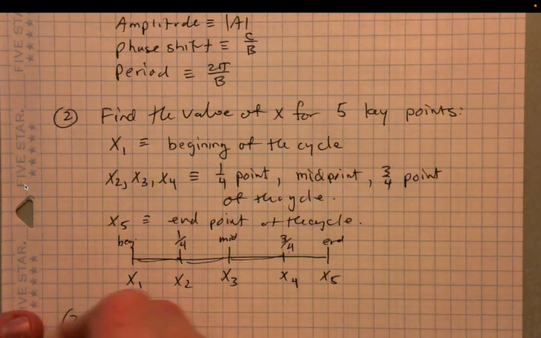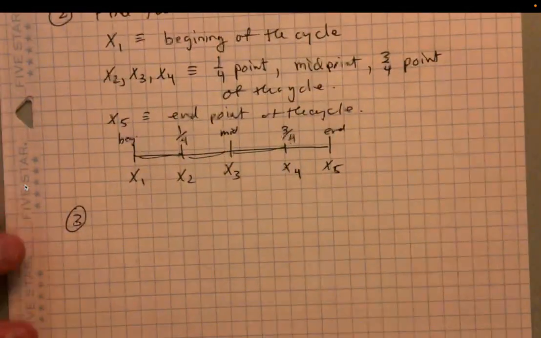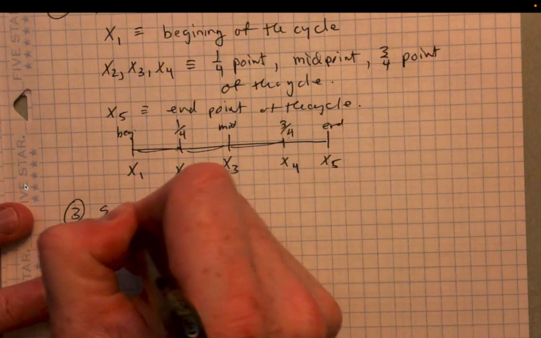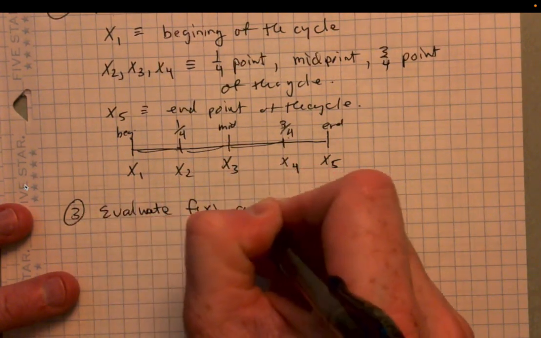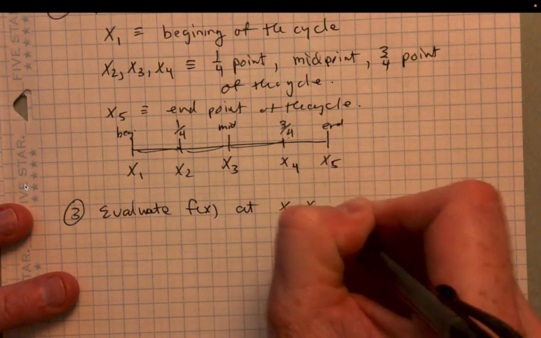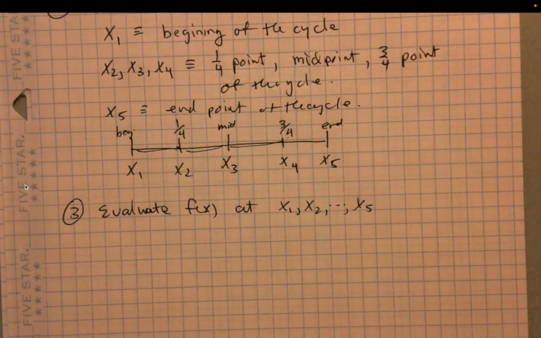The third step, once we've identified these 5 key points, is we need to evaluate the function at these 5 points. So we need to evaluate f of x at x1, x2, through x5, at all 5 points.